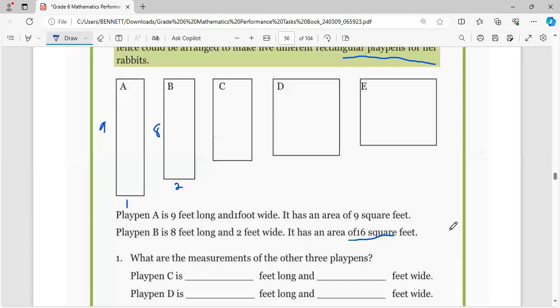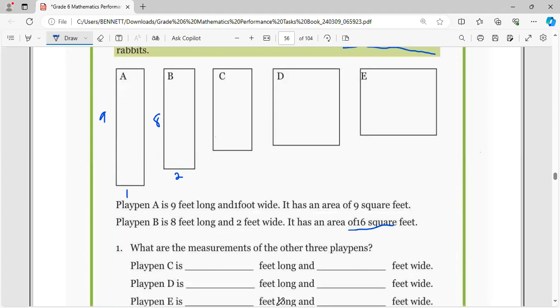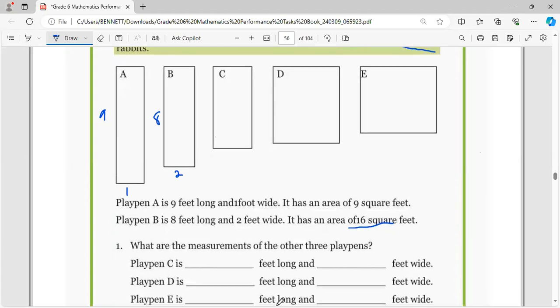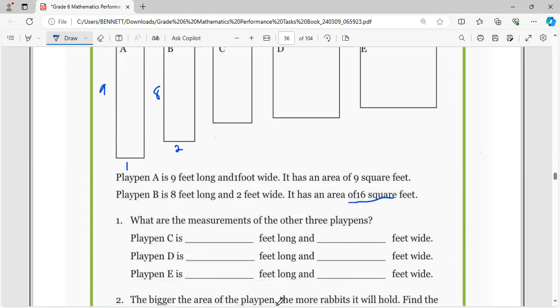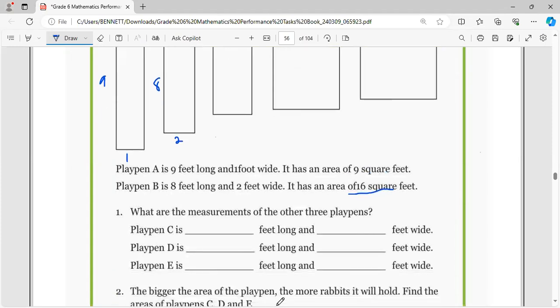All right, so let's look at what they say now. What are the measurements of the other 3 playpens? I want you guys to draw these 3 and tell me what you think would be the measurements of these 3 playpens. So you're going to do C, D, and E, and tell me what you got. And then you're going to fill out this little table.